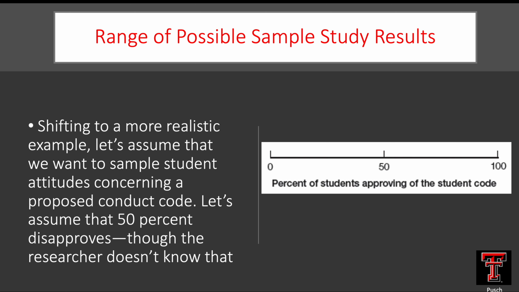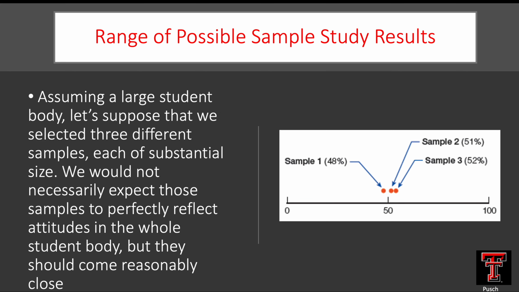Okay, so shifting to a more realistic example, let's assume that we want to sample student attitudes concerning a proposed conduct code. Let's assume that 50% disapprove, but the researcher doesn't know that. So our mean here is 50 on a scale from 0 to 100. If we have a large student body, we can select different samples of substantial size.